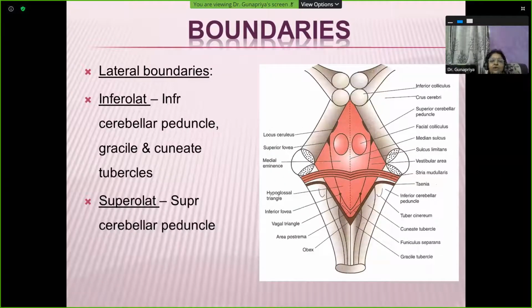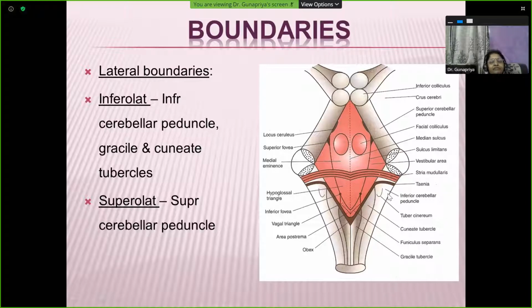Now coming to boundaries. The lateral boundaries: you have inferolateral boundary and superolateral boundary. The inferolateral boundary is formed by inferior cerebellar peduncle, gracile tubercle, and cuneate tubercle. So the inferolateral boundary will be related to the posterior aspect or dorsal surface of medulla.